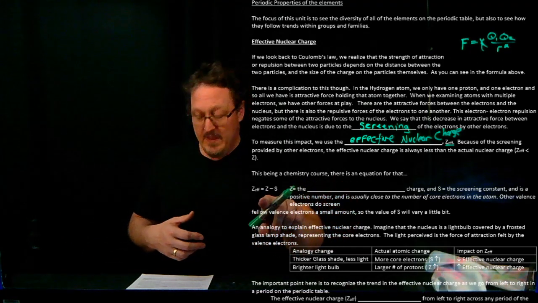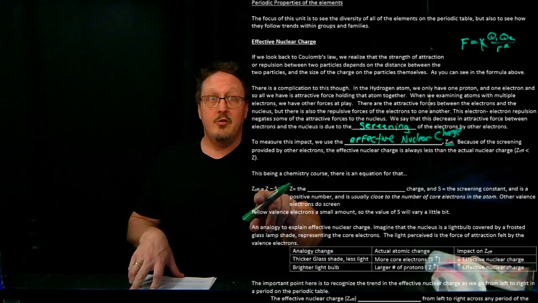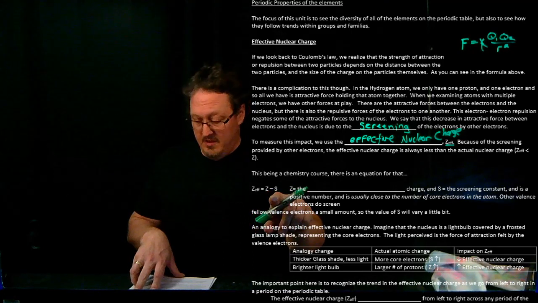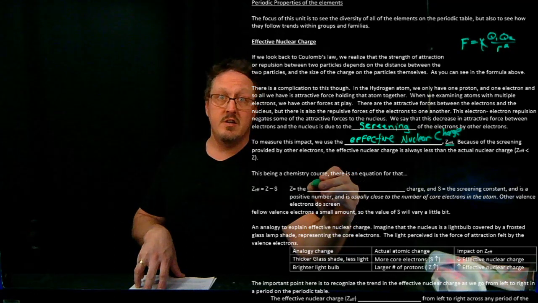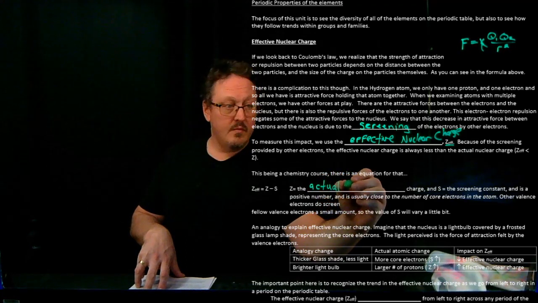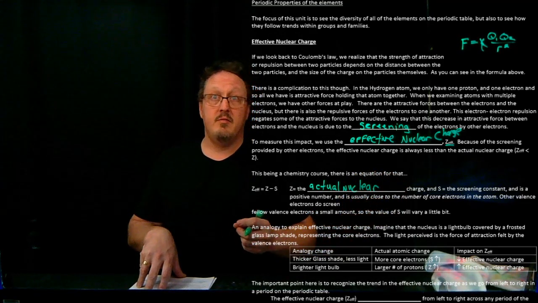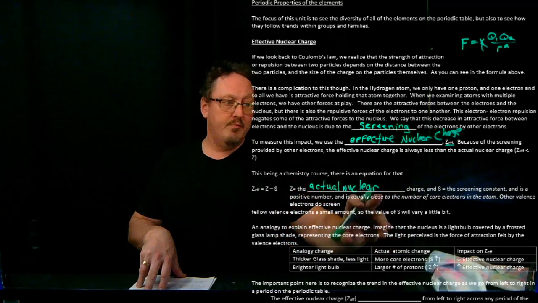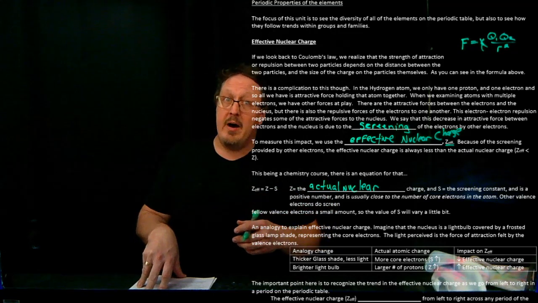We can calculate Z effective, the effective nuclear charge, by finding Z minus S. Z is the actual nuclear charge, which is going to be your positive number from your protons and your negative number from your electrons. And S is our screening constant, and this is going to be a positive number.